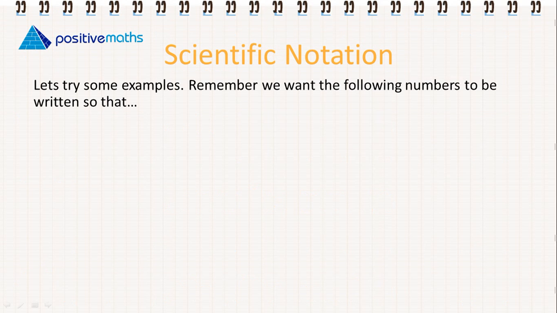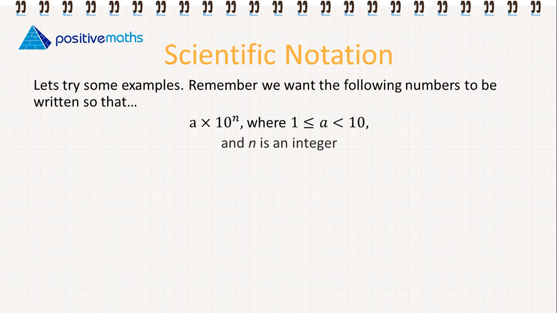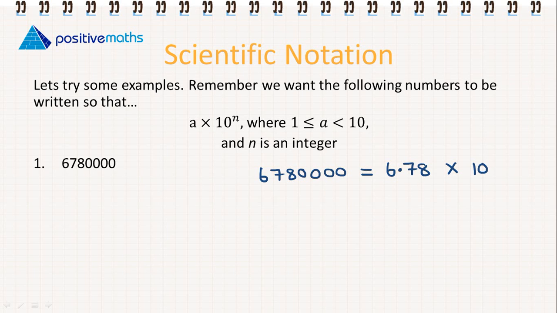Let's practice a few more examples. We have 6,780,000. This is equal to 6.78 multiplied by 10, and I'm going to count the number of spaces: 1, 2, 3, 4, 5, 6. 10 to the power of 6.